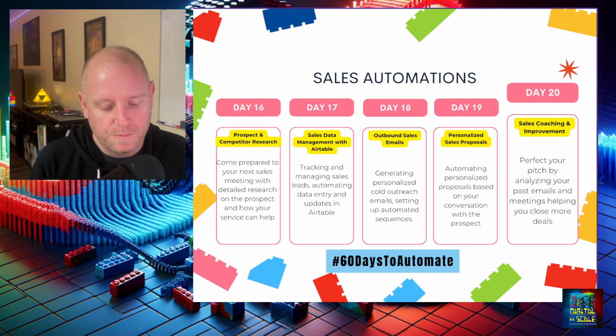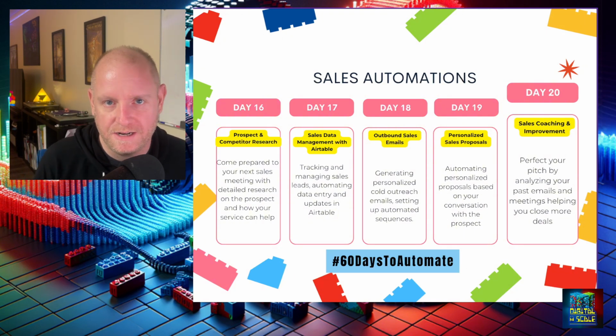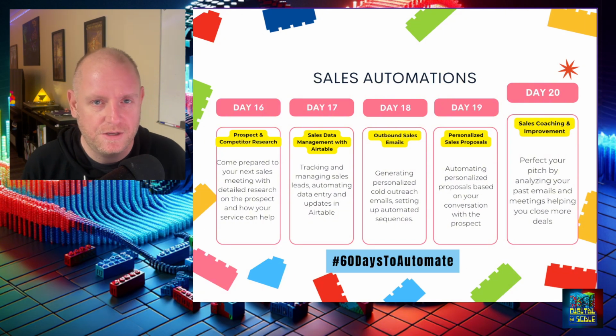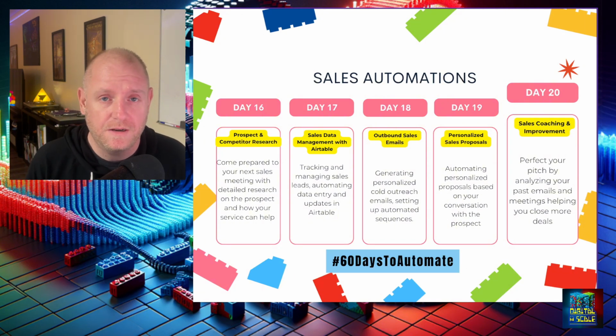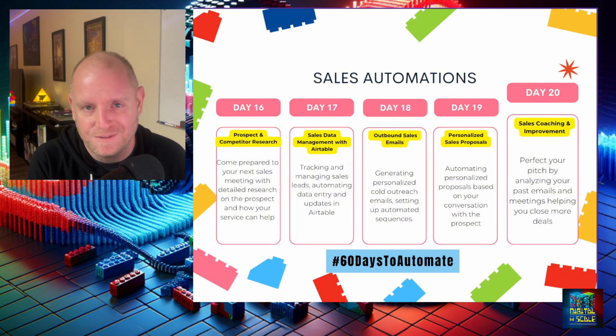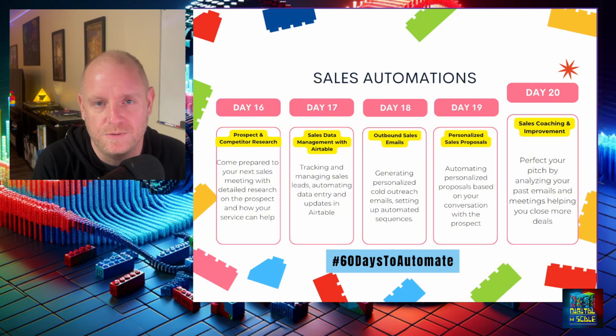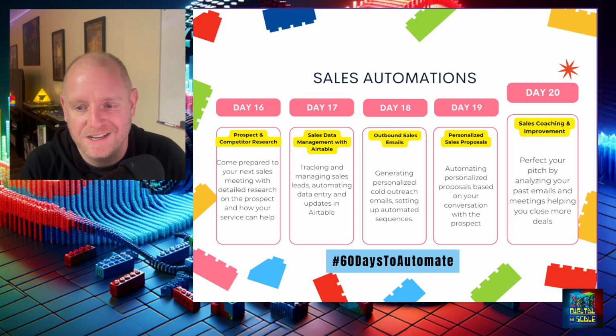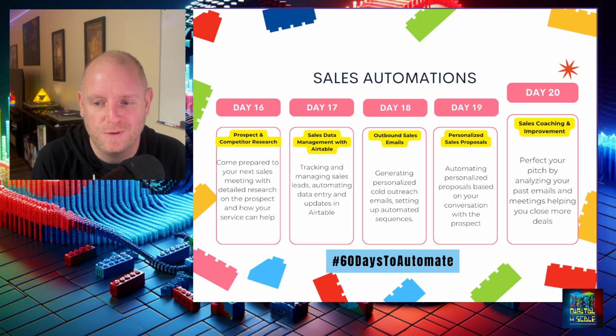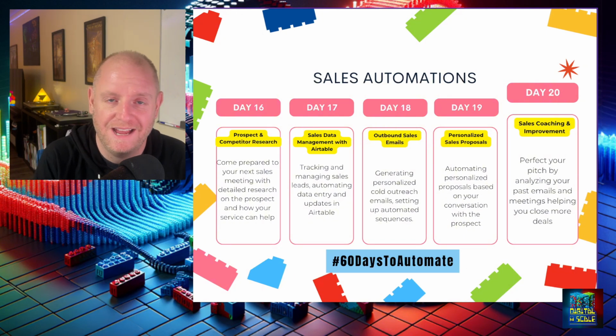Now that we have done our prospecting, hooked it up to our Airtable, we're recording all of our calls, and we're now putting out proposals, I'm going to teach you some tips and tricks on how you can use AI to become better, have a personal coach for sales and really for anything that you're trying to improve based off of some data, some transcripts, some information about what you're trying to accomplish. So join me in our next day when we explore how to improve with AI.